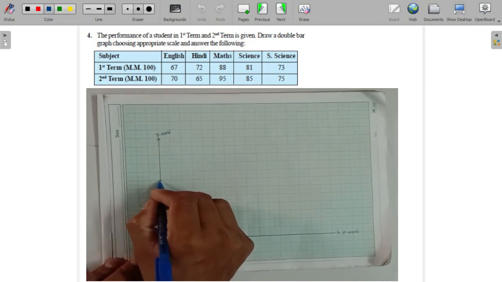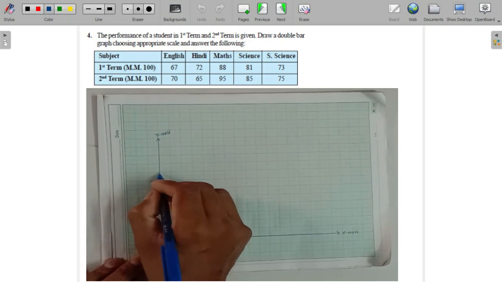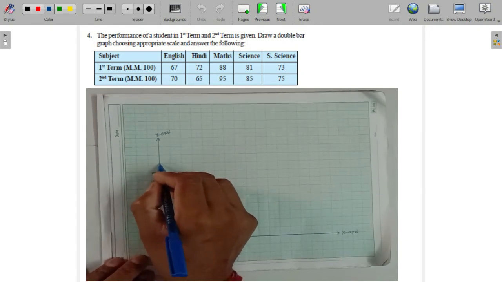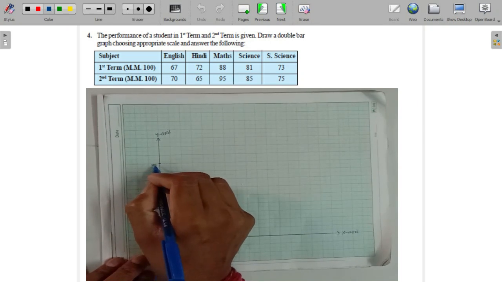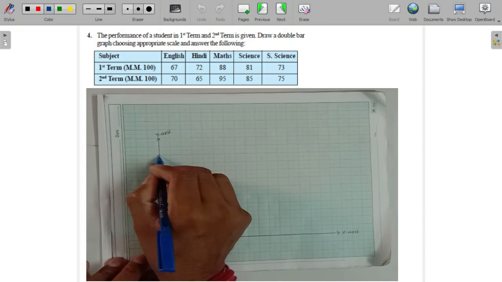Then next point is 70. The next point is 80. The next point is 90. The next point is 100.